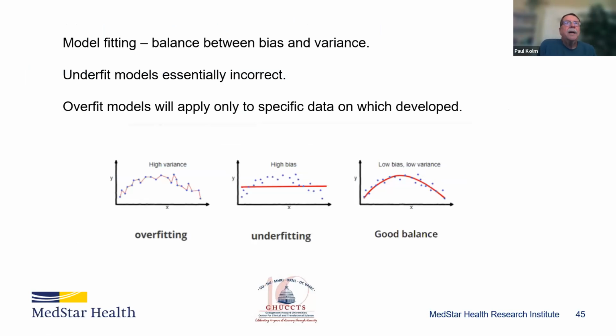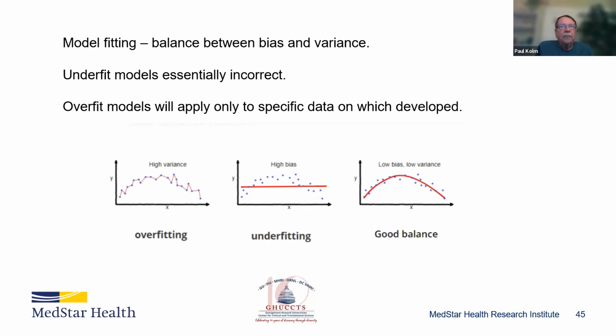So I want to end up just talking a little about generalities of model development. Basically, when you do model development, or when you want to fit a model, you are balancing bias and variance. In other words, as one goes up, the other goes down, and vice versa. And so I have examples here.